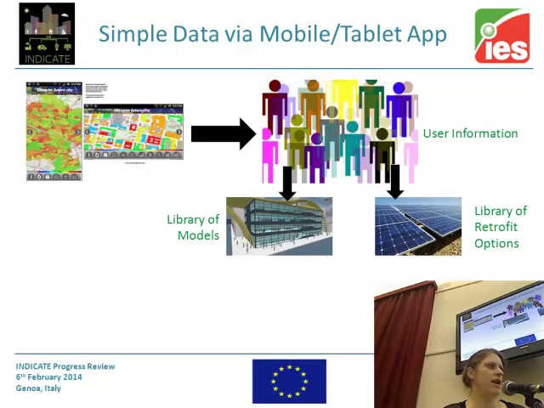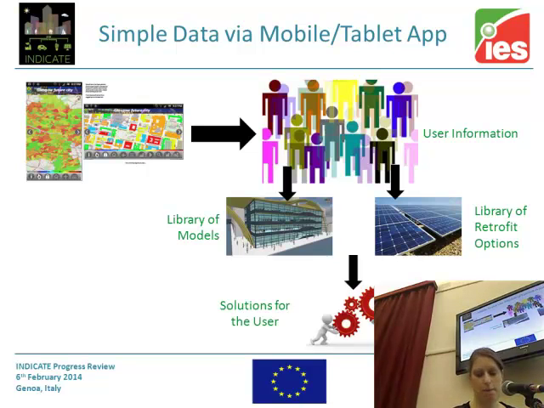We then also have a library of retrofit options. And these options are everything that would be suitable for a domestic dwelling, or a commercial dwelling, or an industrial dwelling. And what the app will do then, so the clever bit behind this simple user interface, is that we can now, based on the user information, match the model with that user information and the library of retrofit options, perform a very simple calculation that gives the user back what is the most appropriate retrofit options for their building in their city.